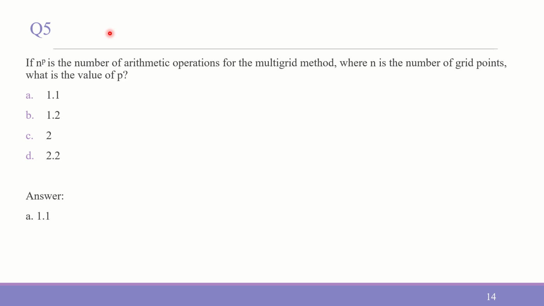So the question is about the number of arithmetic operations for the multigrid method, given as n to the power of p, and n is the number of grid points. So 1.1 is the right answer. For Gauss-Seidel method, again I am repeating, it is 2, and for optimal SOR method it is 1.5. But the issue in optimal SOR method is that the parameters will not be known in general. So that is an issue there.